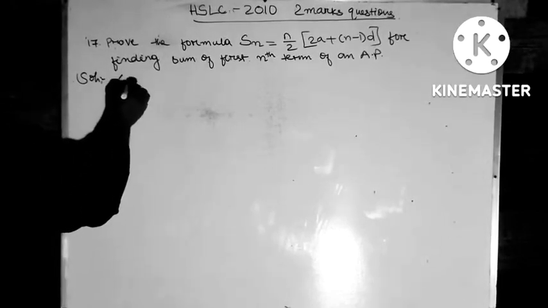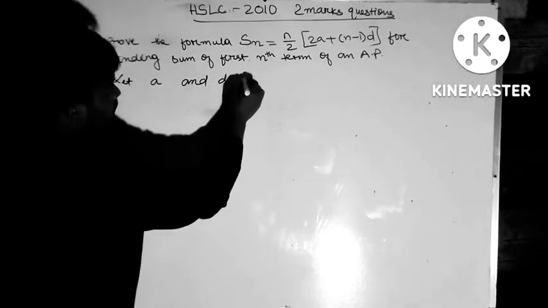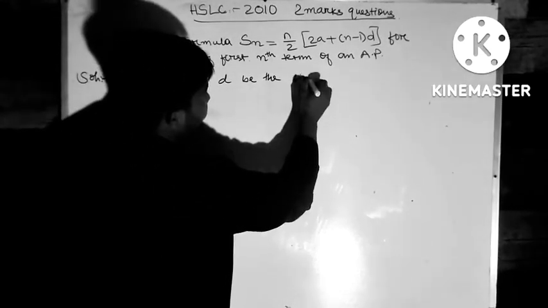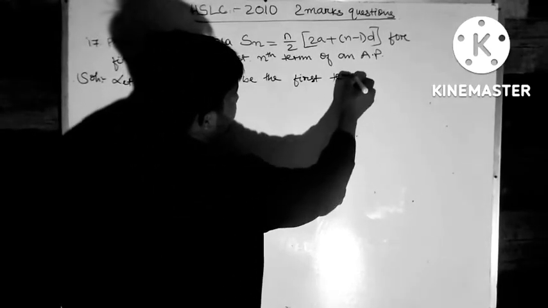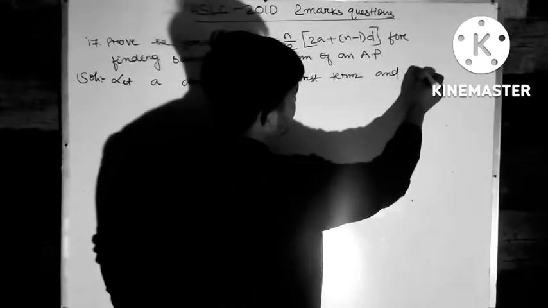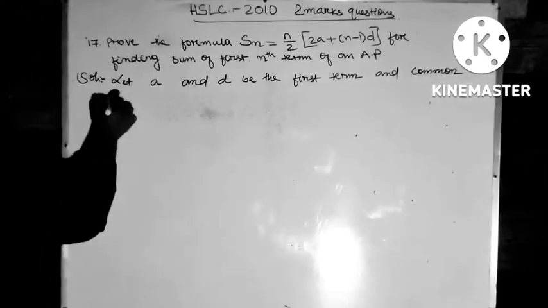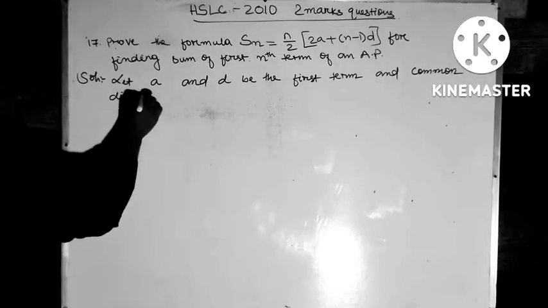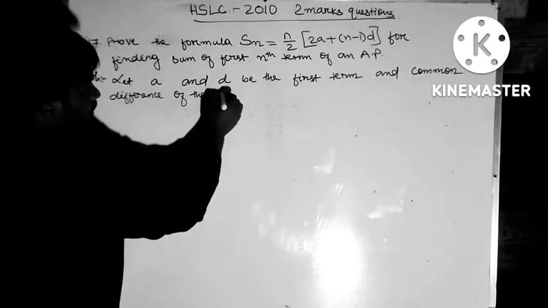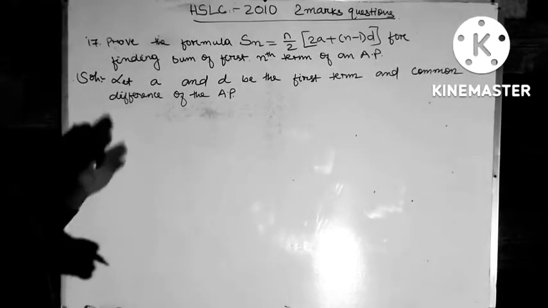So first, let's start. The first term and common difference are needed. So let a and d be the first term and common difference of the AP, and we are going to find the sum of n terms.